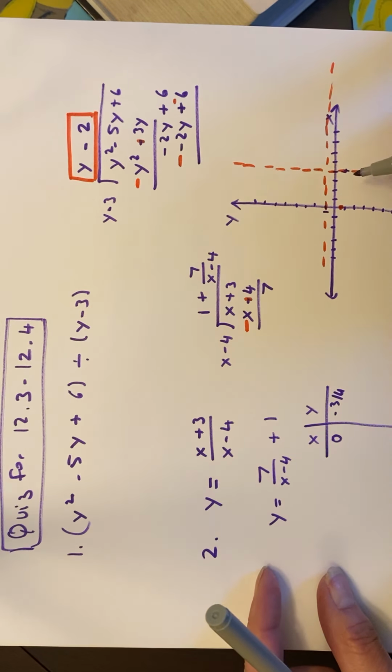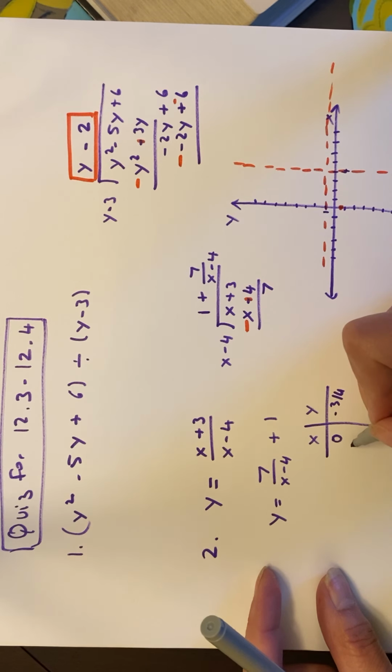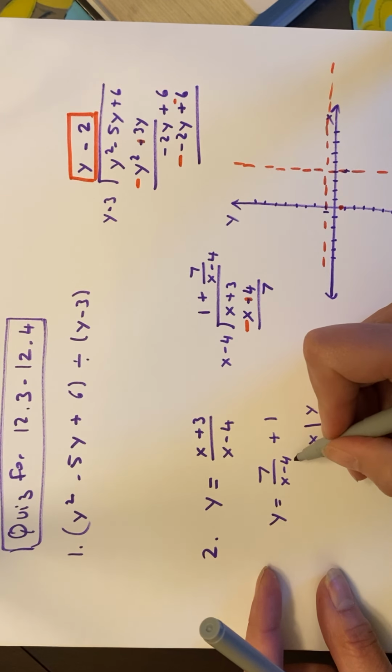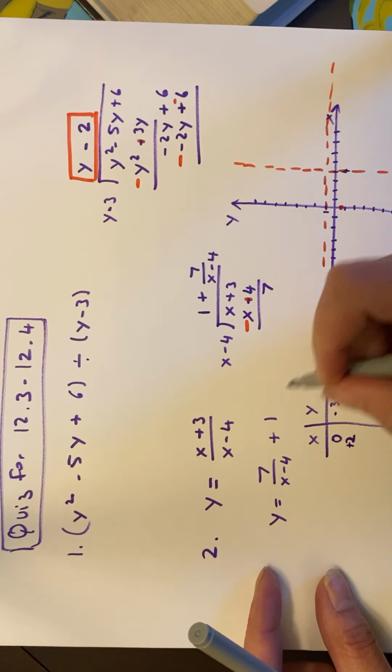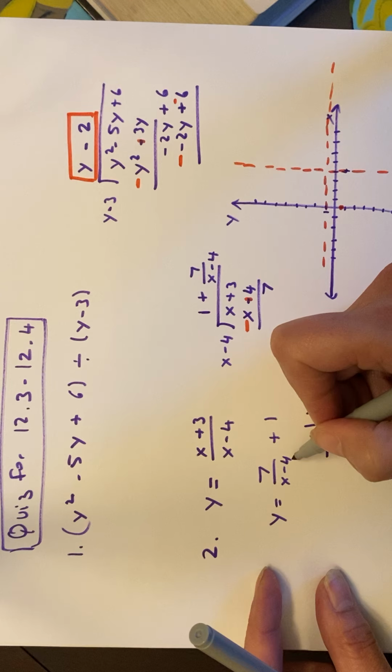Okay. So let me try negative 1. Negative 1 minus 4. Actually, let me check. Do I really want to try negative 1? Maybe I want to try 2. 2 will make it easier. Positive 2. 2 minus 4 is negative 2.